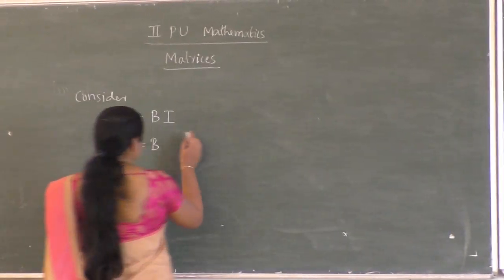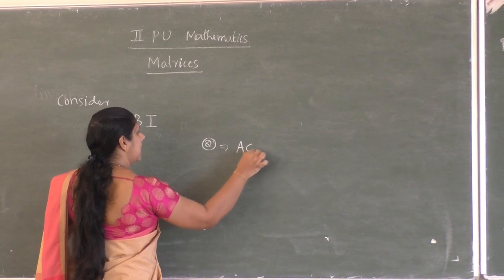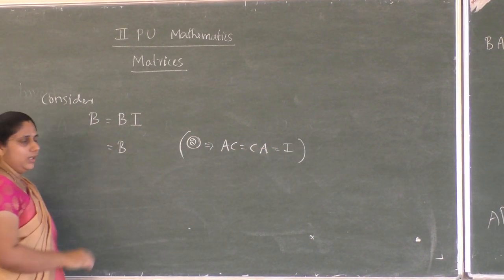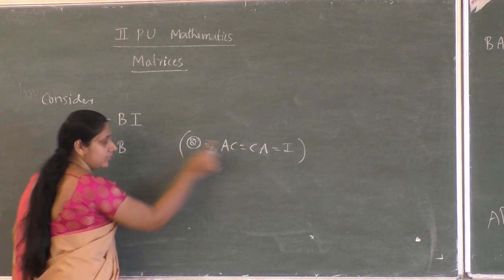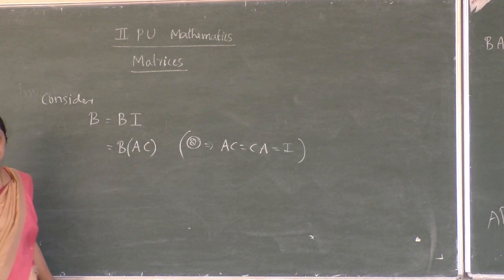Now I will use equation 2, that is AC is equal to CA, which is equal to I. So in the place of I I will write AC.